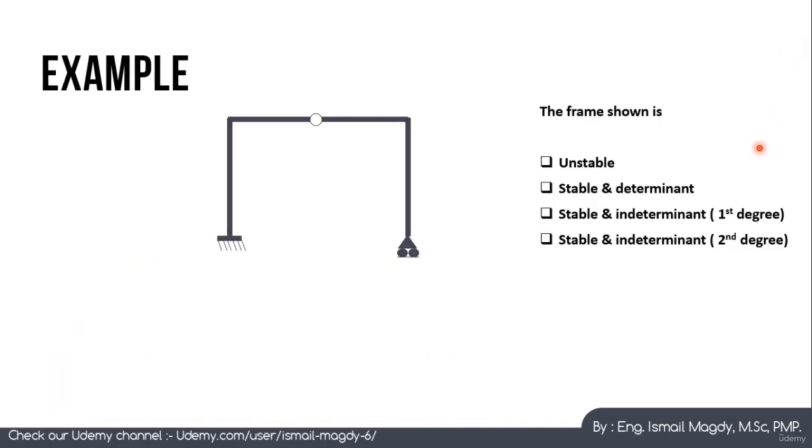Let's check this example here. We have this frame and we want to check the stability and determinacy of it. We will start, as explained, by first calculating the number of members. We have 1, 2, 3, 4. You need to take care that this is considered as two members, because they are separated by this intermediate hinge. So the number of members, m, equals 4. After that, the number of reactions.